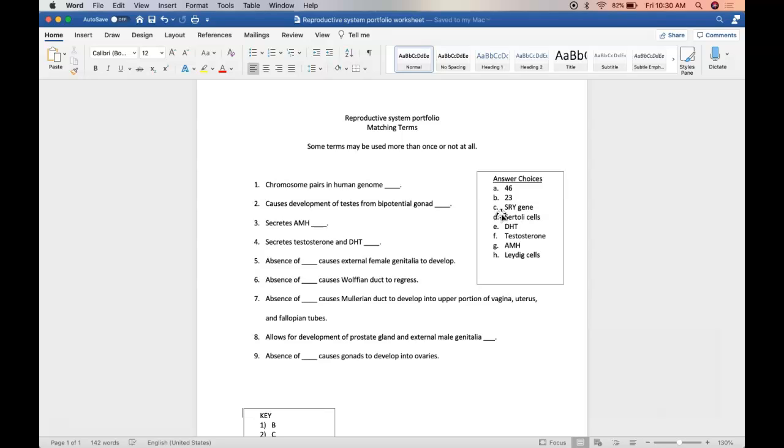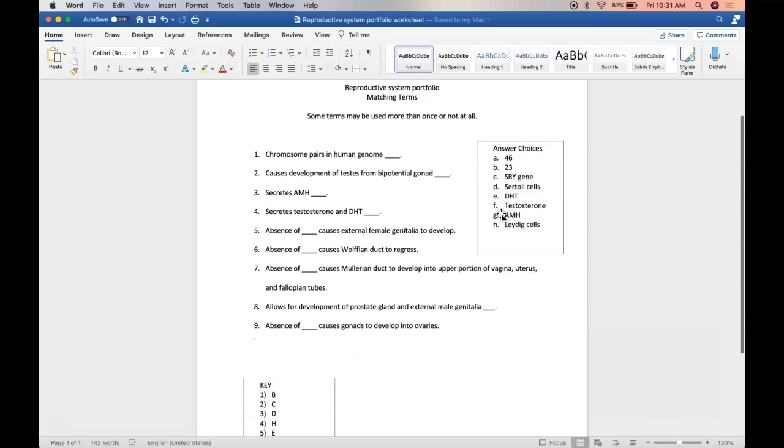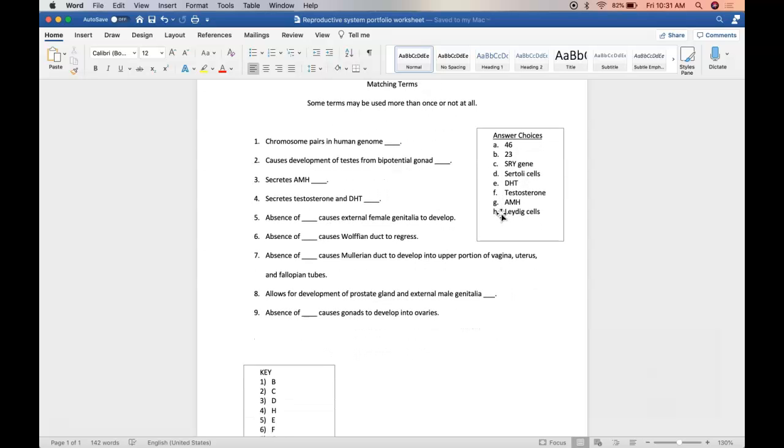Number 5, the absence of this causes external female genitalia to develop. That is the dihydrotestosterone, or DHT, so that's E. And then number 6 is the absence of this causes Wolffian duct to regress. That was what we talked about in the last slide a lot. That is testosterone, so that's F. 7 is absence of this causes Mullerian duct to develop into the upper portion of vagina, uterus, and fallopian tubes.